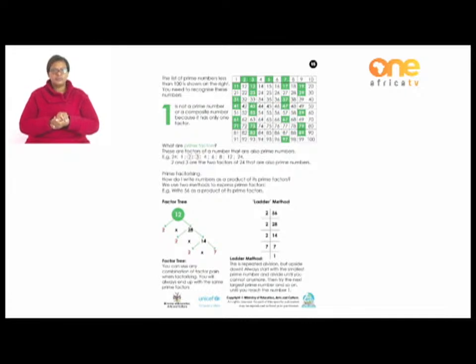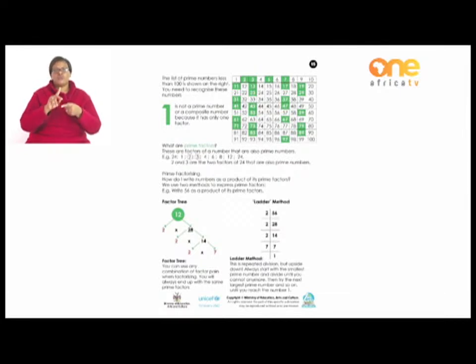Prime factorizing. How do we write numbers as a product of their prime factors? We use two methods to express prime factors. Given an example of 56 as a product of its prime factors, the two methods are shown there.